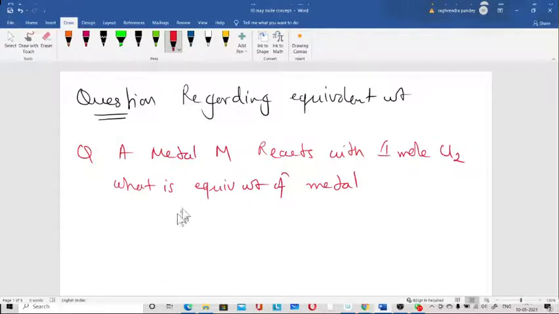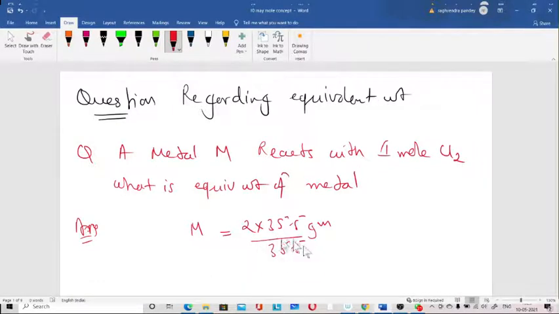So, metal M reacts with 1 mole of chlorine. Suppose metal M is reacting with 2 into 35.5 gram of chlorine. So, what is the equivalent weight?